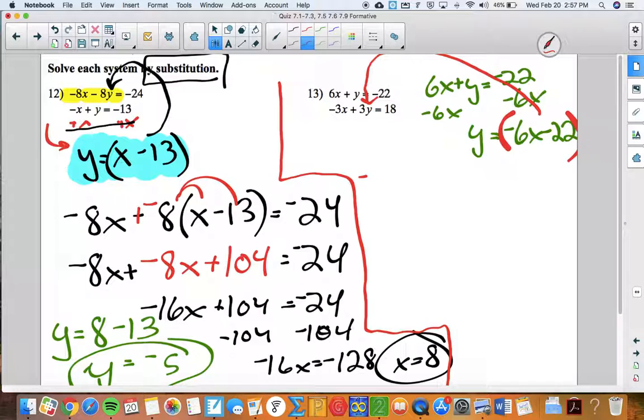So here we go, negative 3x plus 3 times y, which is negative 6x minus 22, is going to equal 18. Notice how I copied the entire bottom equation, but I substituted this in for y. So now we distribute. So we get negative 18x and negative 66.